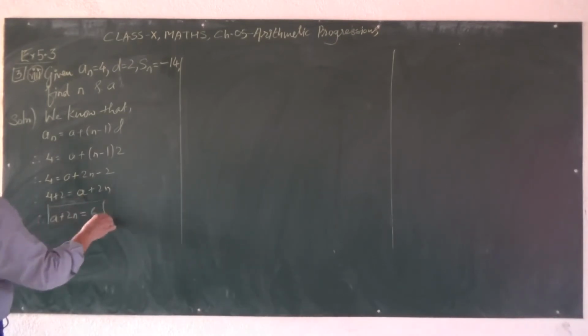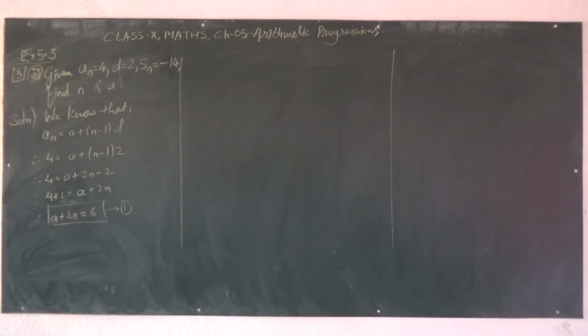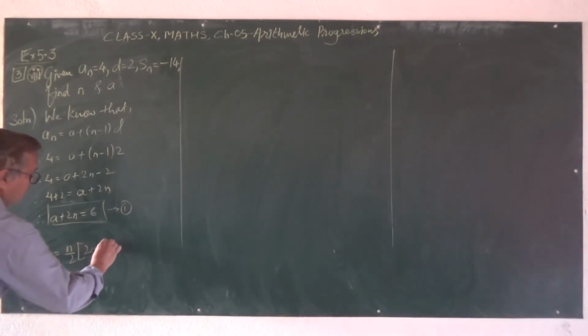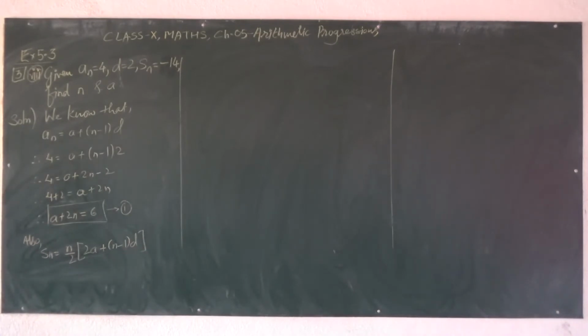So you got A plus 2n is equal to 6. This is equation 1. And also Sn is n by 2 into 2A plus n minus 1 into D. You can use this, or you can also use n by 2 into A plus an.